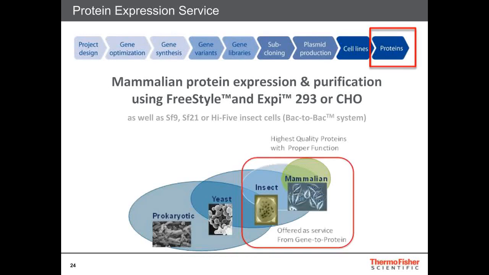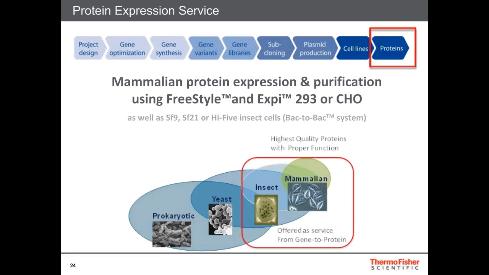With our gene-to-protein service offered here at GeneArt, we are offering mammalian protein expression and purification using those highly advanced expression systems, namely the Freestyle XP293, as well as the Freestyle XP-CHO systems. And we also do SF9, SF21, and High Five insect cell protein production using the BaculoDirect system.